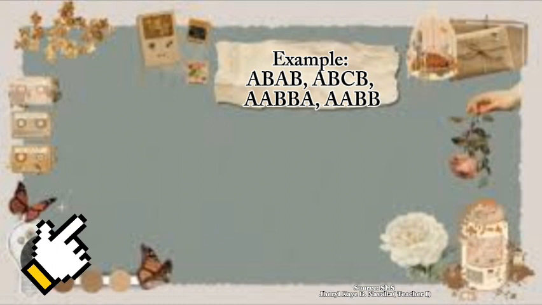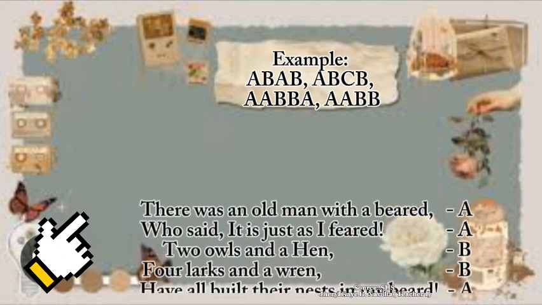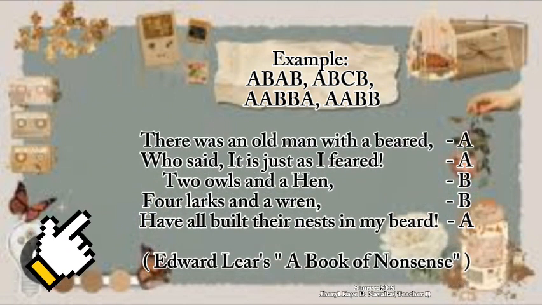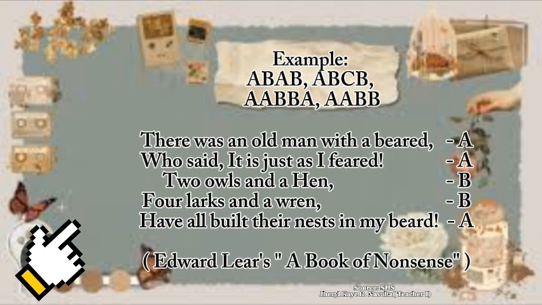Let's see how this works through these examples. This is based on A Book of Nonsense by Edward Lear. This example has an AABBA rhyme scheme because the first, second, and fifth lines rhyme, while the third and fourth also rhyme.